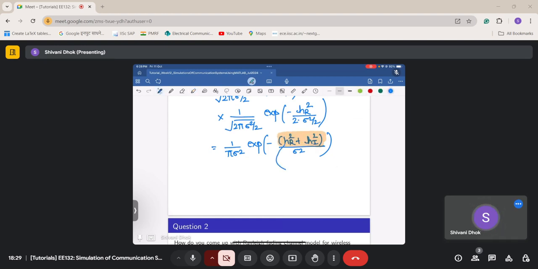This is the absolute square of hr plus j times hi, which is simply the magnitude of h square. So therefore f_H of h comes out to be 1 upon pi sigma square times e power minus mod h square by sigma square. And this is exactly the PDF which we have been using till now when we considered complex Gaussian noise. Is it clear? Any questions?